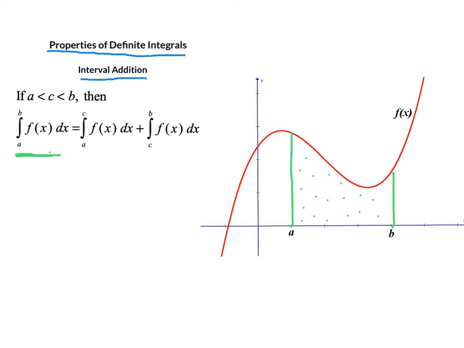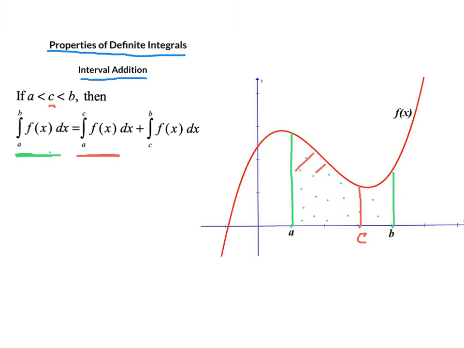And so what the interval addition says is that if you need to, and there are certain cases that we'll encounter where this is important, if you need to divide the interval from a to b up into some number of adjacent intervals, you can. So it's typically written this way: if there's some c value that lies between a and b, so let's just say on our sketch c is about right here, then we can divide the integral up into two chunks and say, okay, well let's do the integral from a to c, from the left end point of the whole region to this interior point c.